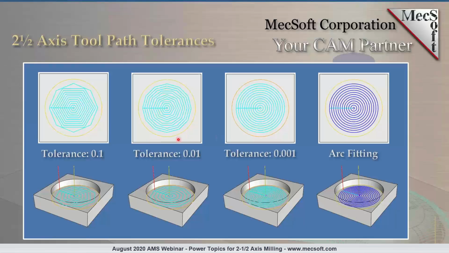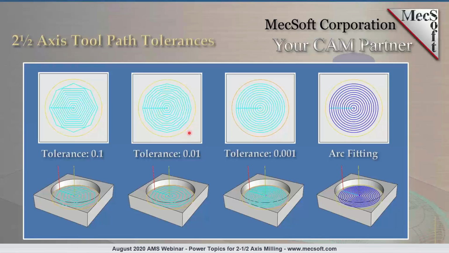As you can see from these images on the slide, the slacker the tolerance, the more deviation you will see from your actual part region or geometry, and slacker tolerance will also have larger chord segments. As you go tighter, the chord segments will be much smaller and within the deviation of the tolerance that you specify.